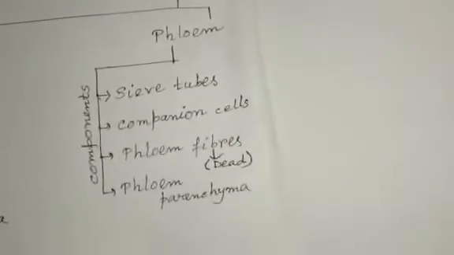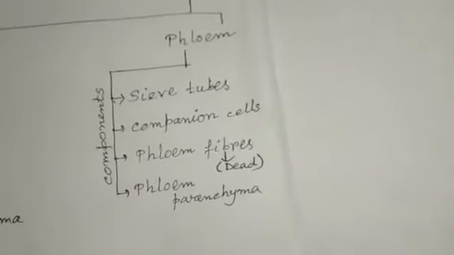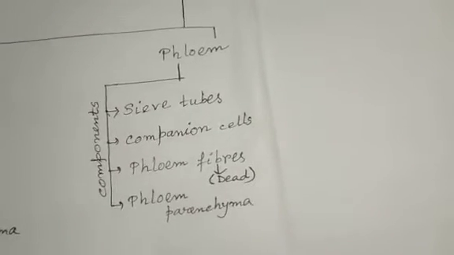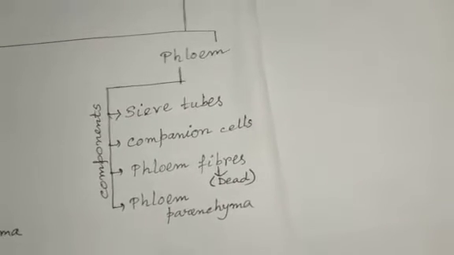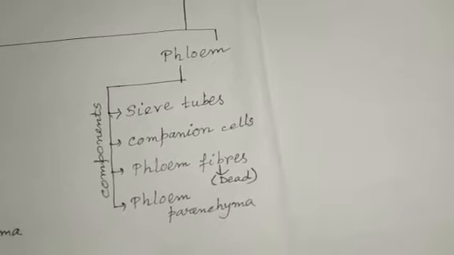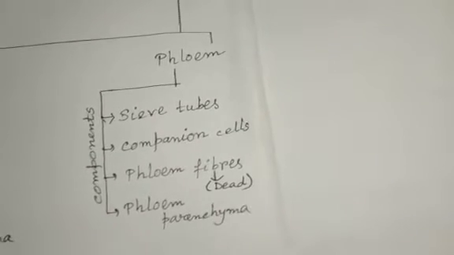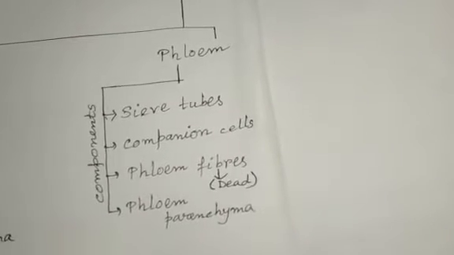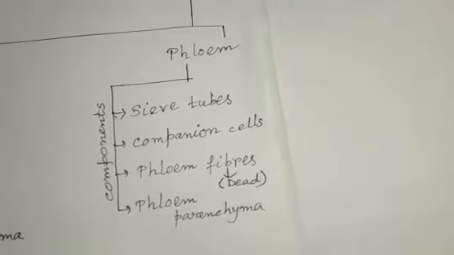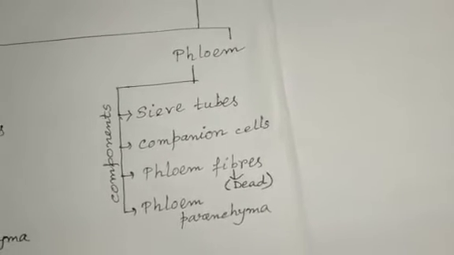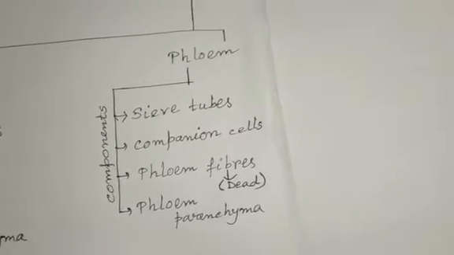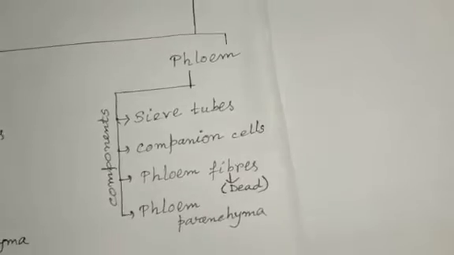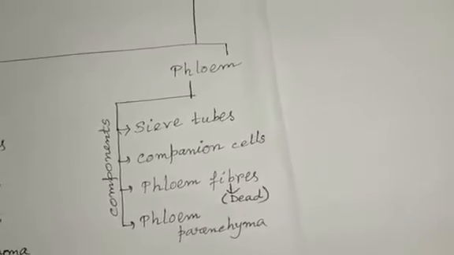Now phloem. Phloem also has four components, sieve tubes, companion cells, phloem fibers and phloem parenchyma. Among these, only phloem fiber is the dead component and the rest three are living components. Now I will show you the pictures of these components.